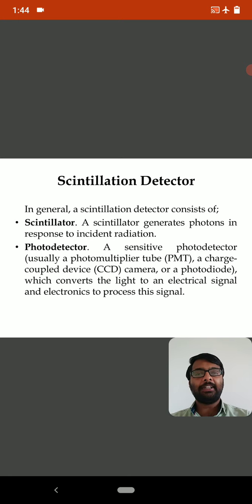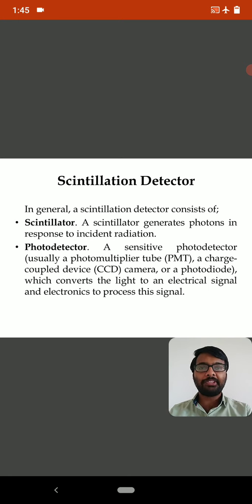So in general, this scintillation detector or scintillation counter consists of two main components. One is the scintillator. A scintillator generates photons, or flashes of light, in response to the incident radiation. So in response to that incident radiation, this component, that is the scintillator, produces certain light photons. Apart from this scintillator, there is one more component which is called a photo detector, a sensitive photo detector.